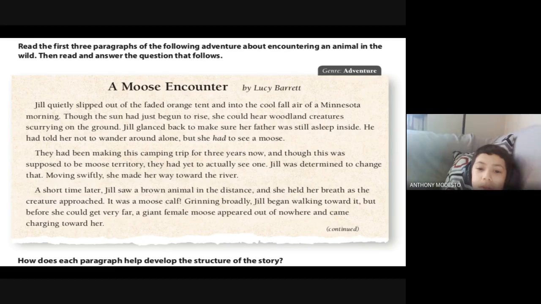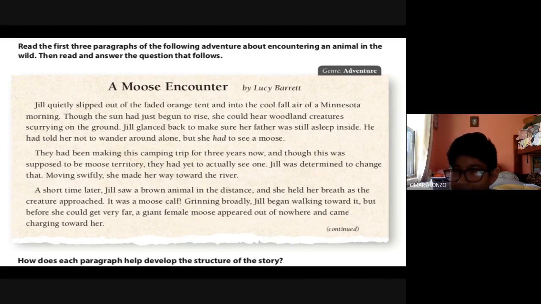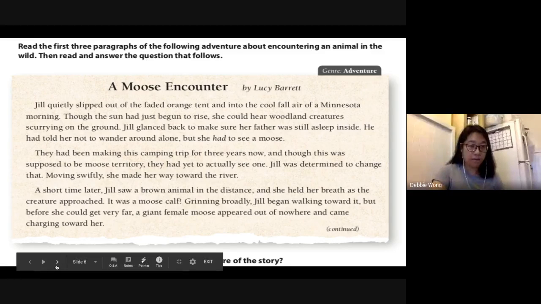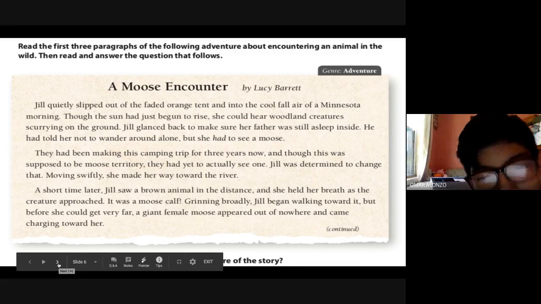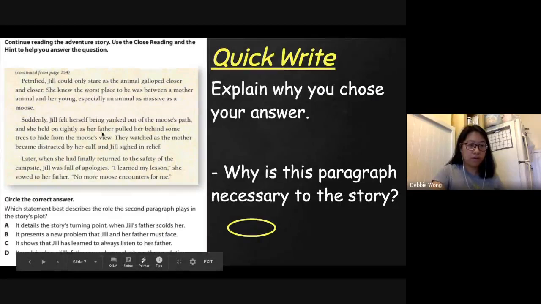So Jill, in the distance, saw this moose. Now the moose is charging at her. So now she's in danger. Yes, that is the climax, that this moose is charging her.